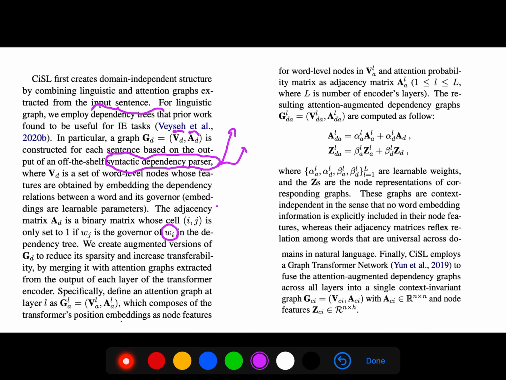Specifically, we define an attention graph at layer L, which is composed of the transformer's position embedding as node features for word-level nodes, and the attention probability matrix as the adjacency matrix. So the resulting attention-augmented dependency graphs are as follows.